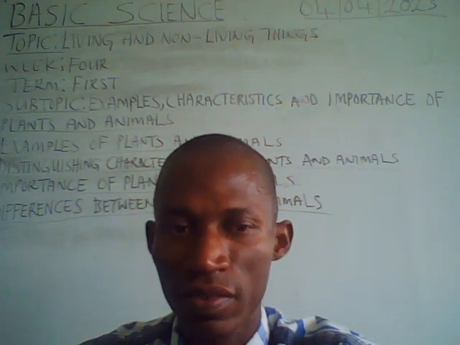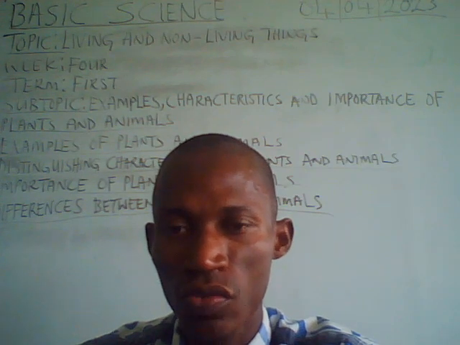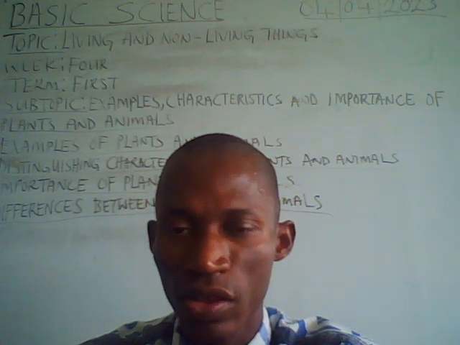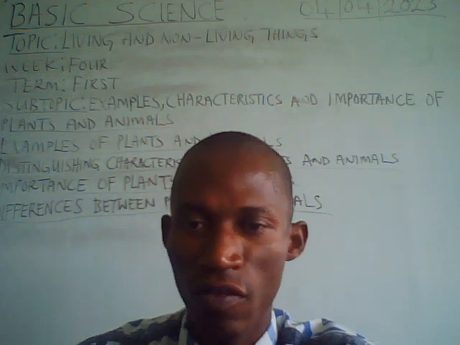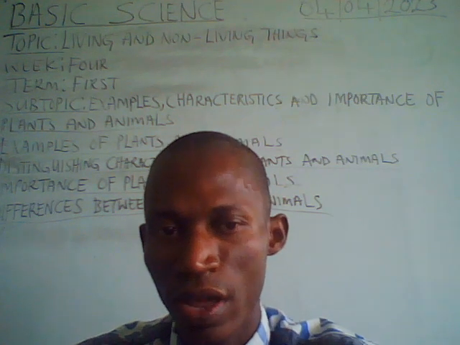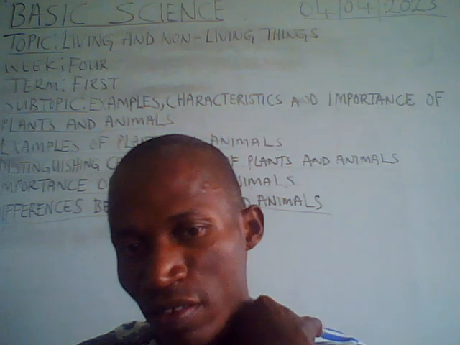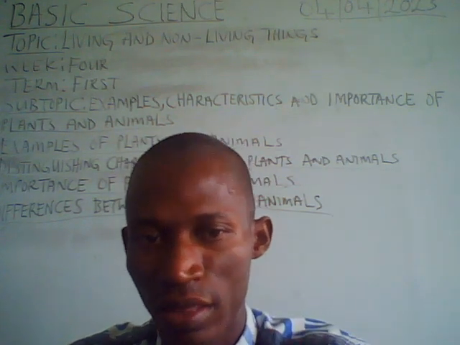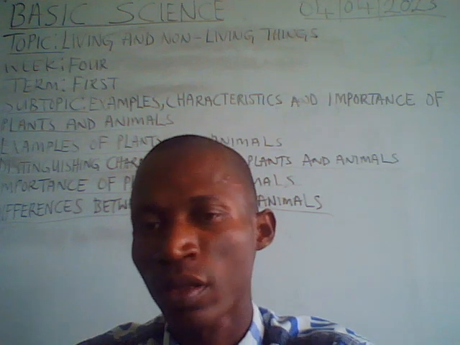Now we have the sixth one: plants absorb carbon dioxide and release oxygen, whereas animals absorb oxygen and release carbon dioxide. So you see it's a kind of vice versa. Plants have a root system and shoot system, whereas animals have a respiratory system, digestive system, circulatory system, skeletal system, reproductive system, etc.